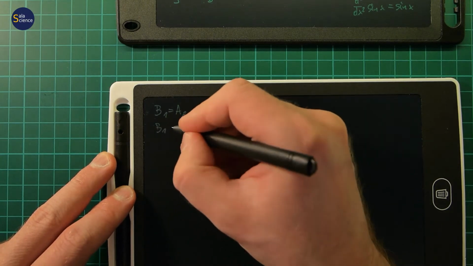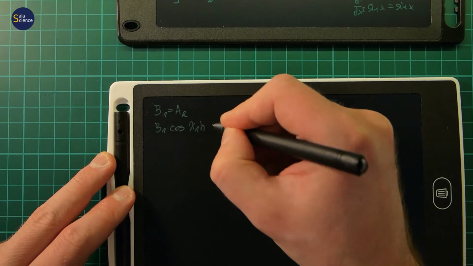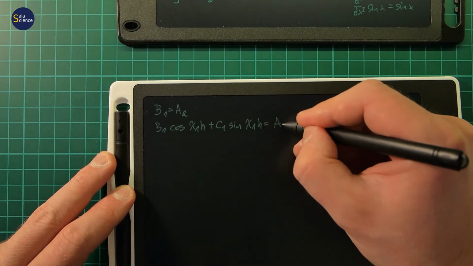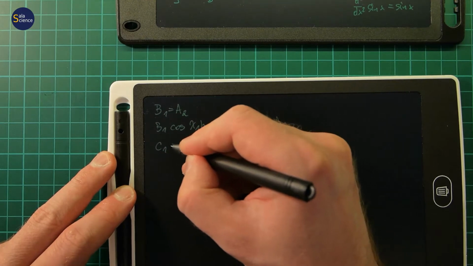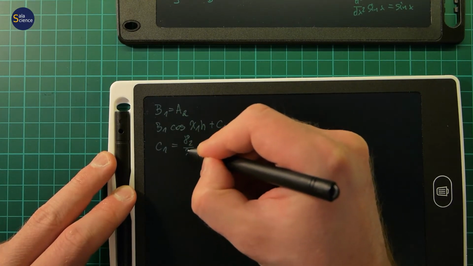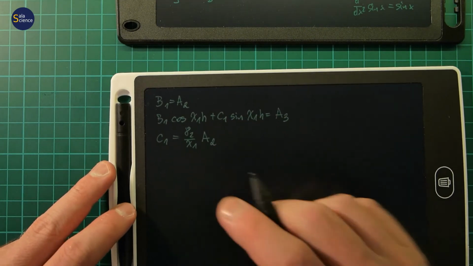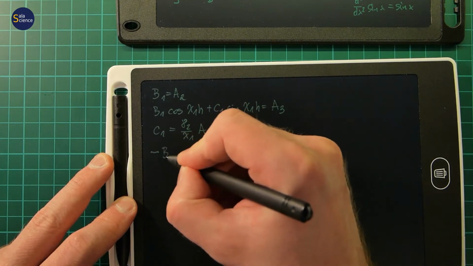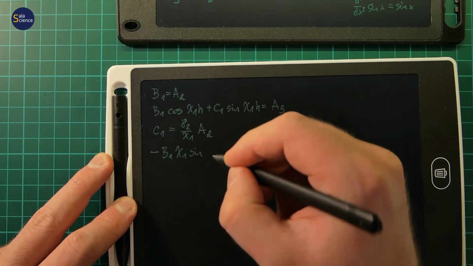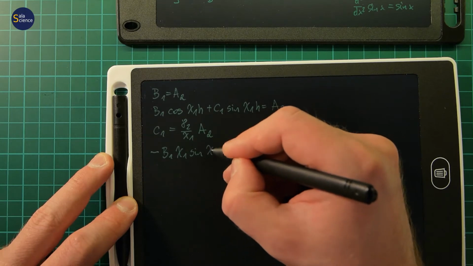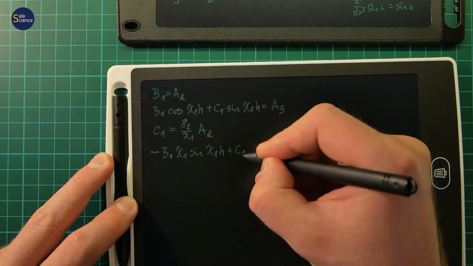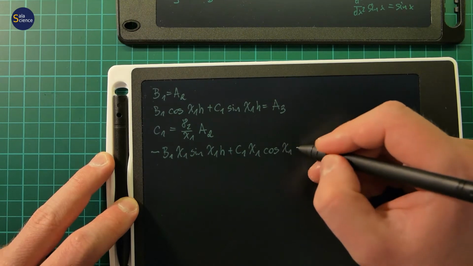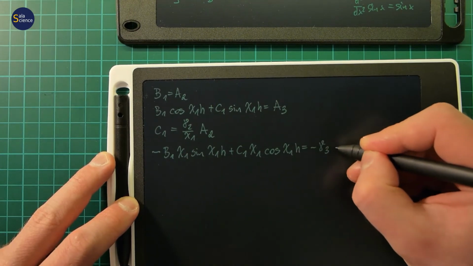We know that b1 cosine chi1 h plus c1 sine chi1 h equals a3, and c1 equals gamma 2 over chi1 a2, and the last condition is b1 chi1 sine chi1 h plus c1 chi1 cosine chi1 h equals minus gamma 3 a3.